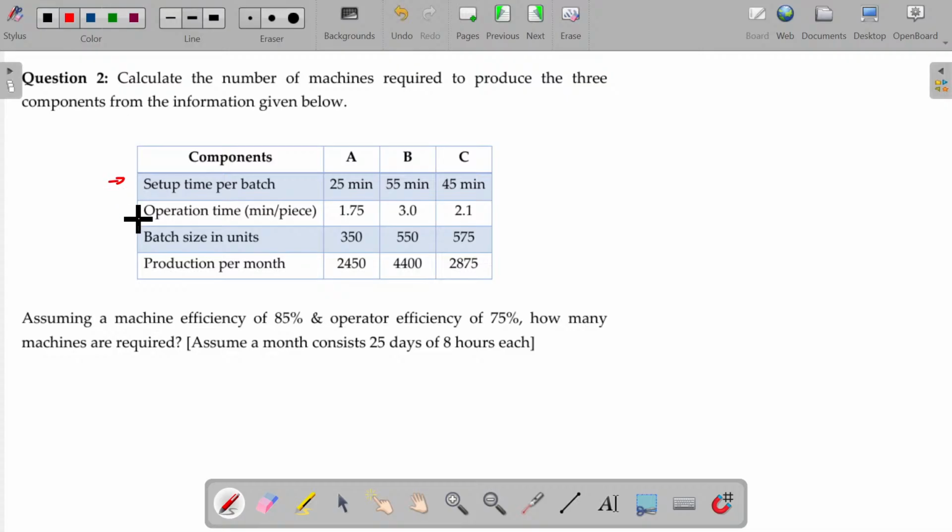Setup time and operating time. So you have to understand the difference between these two. Of course, these two you can guess casually by learning batch costing in cost accounting. We will study that along with the costing chapter.